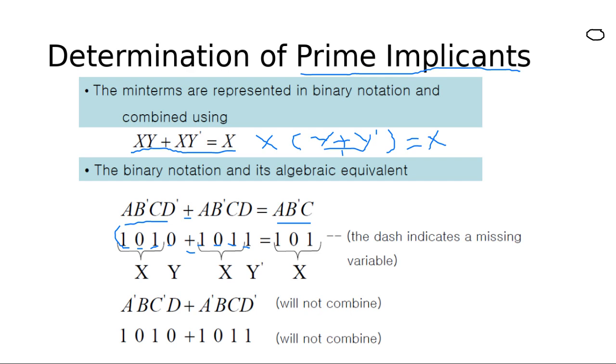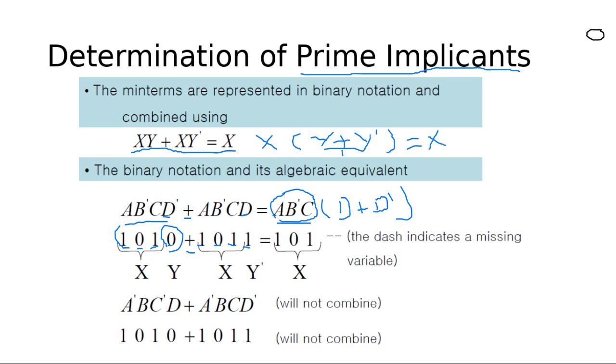What is the difference between these terms? The last bit, the D. There's a not D and there's a D. You can take the parenthesis A not B C, and you can get this D plus not D, and you can get this expression.